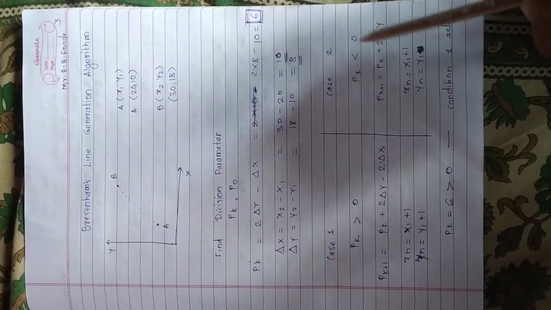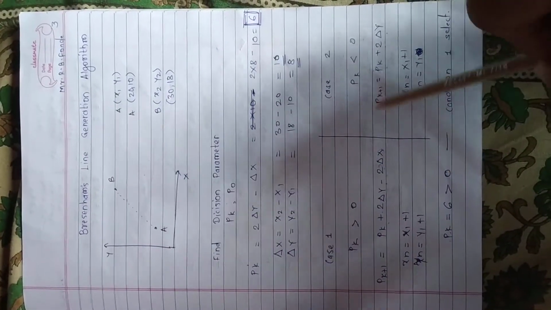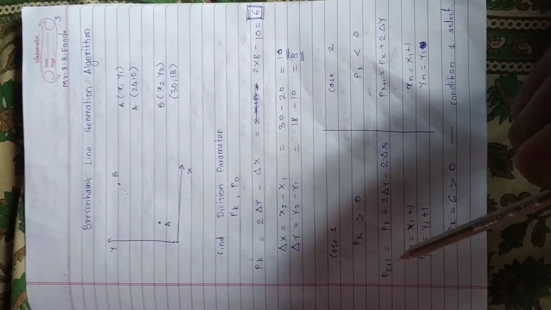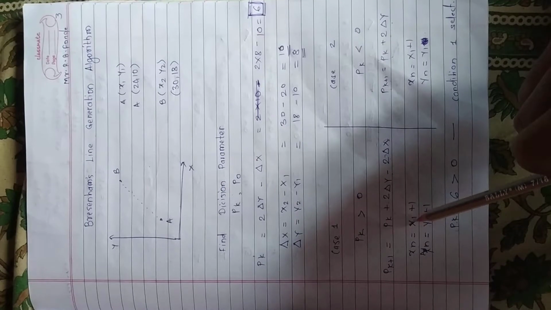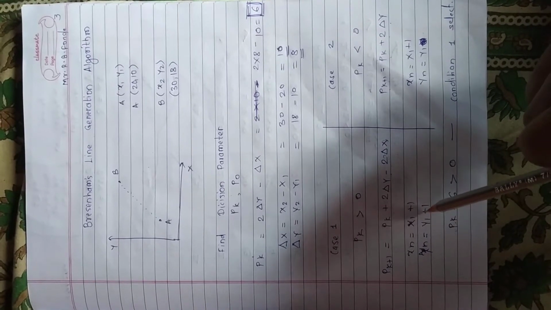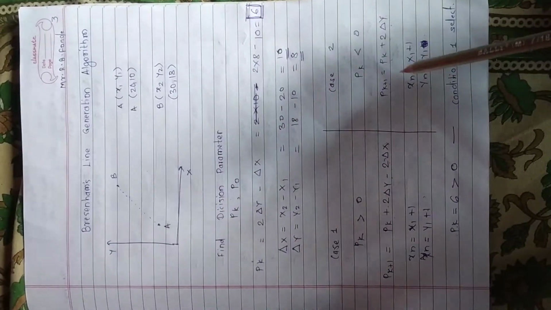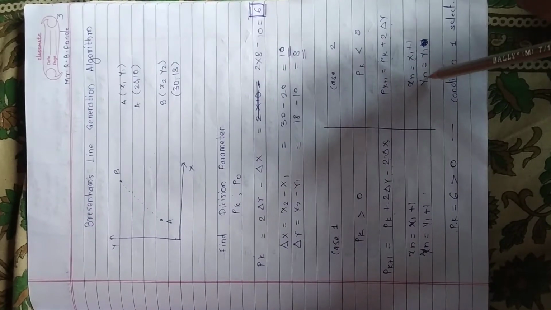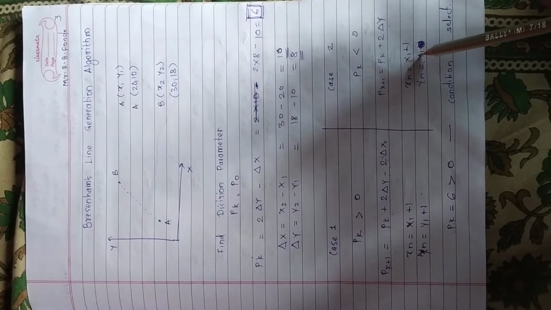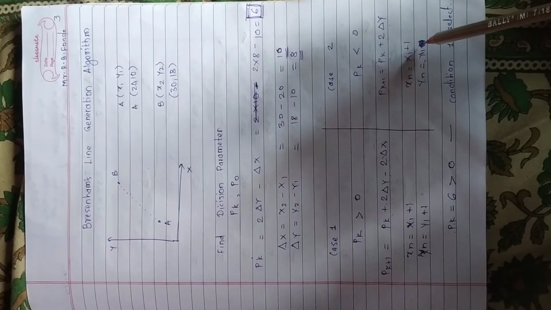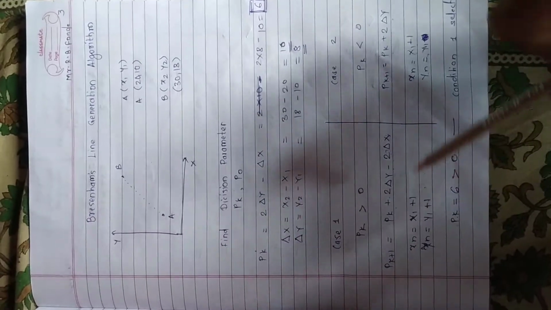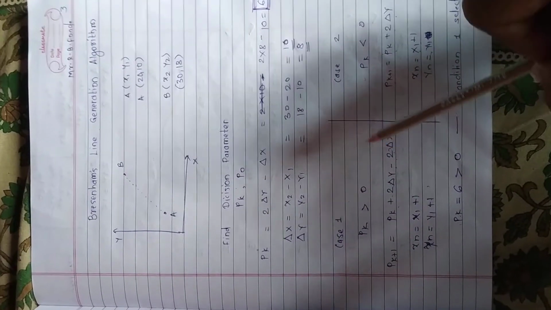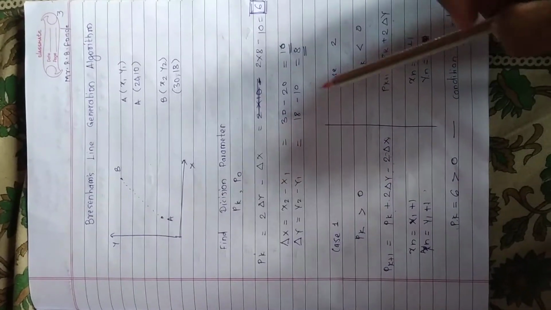That is the only difference between these two formulas. Also for finding x next and y next, in case 1 x next becomes x1 plus 1 and y next becomes y1 plus 1. In case 2, x1 becomes x1 plus 1, but y1 is taken as y1. We don't add plus 1 here. Those are the two cases for finding the pk value, x next value and y next value.